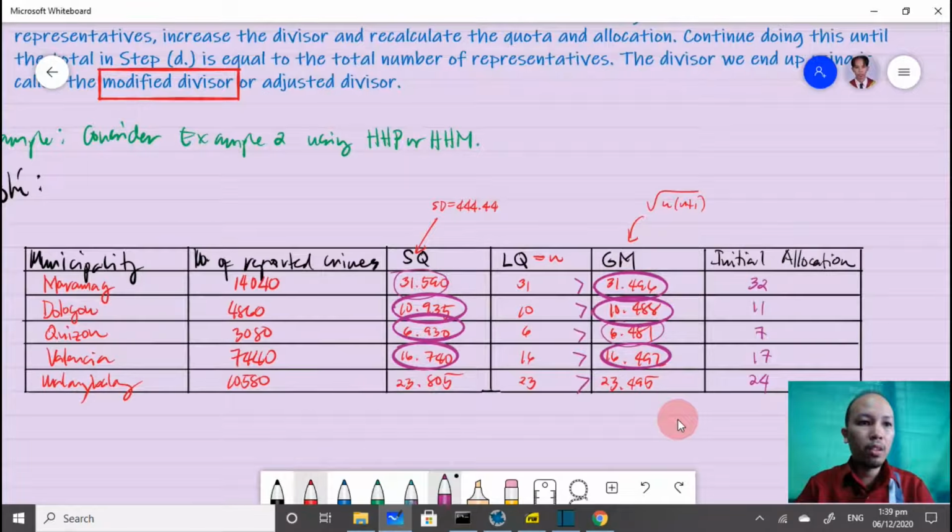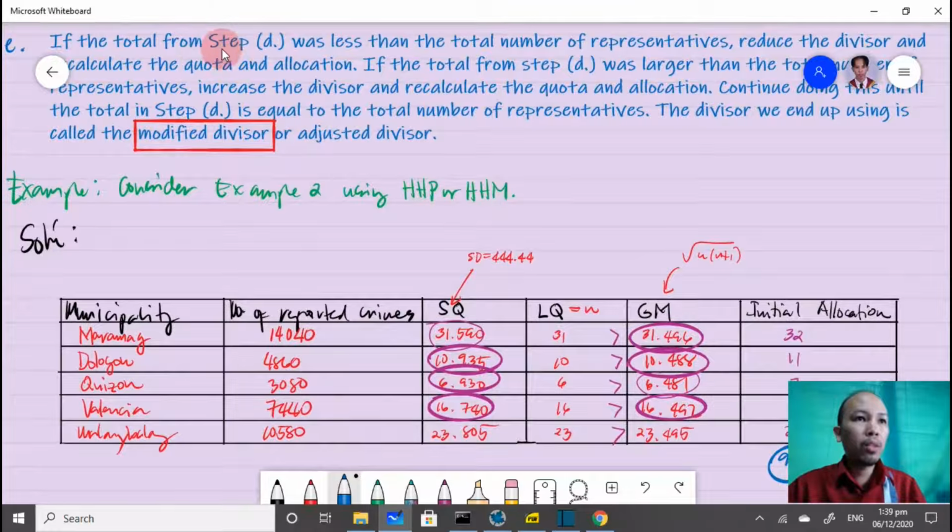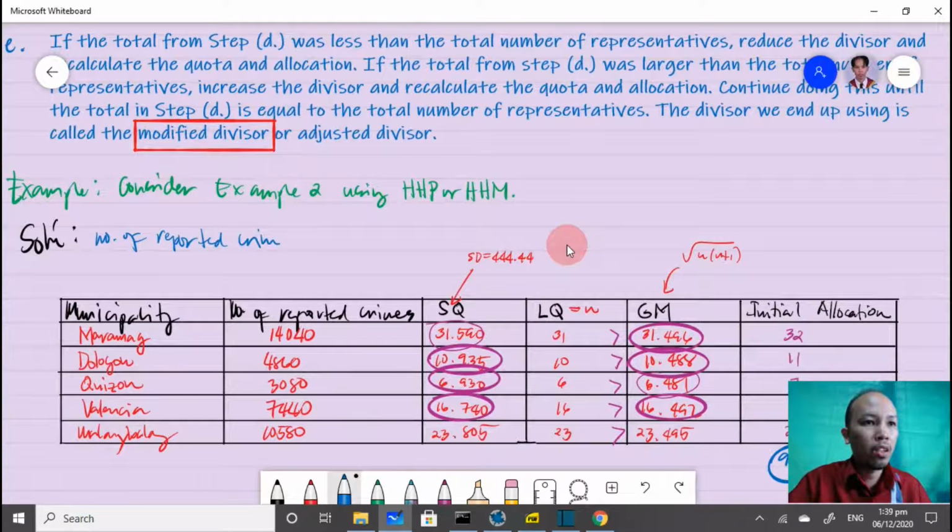In step E, 91 is greater than 90, the number of police officers to be apportioned.